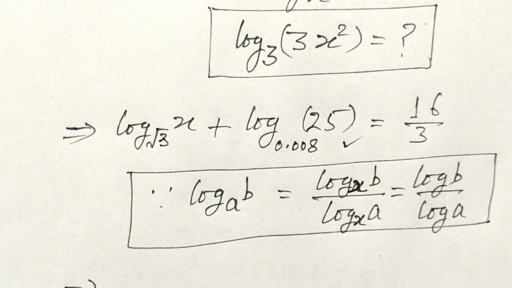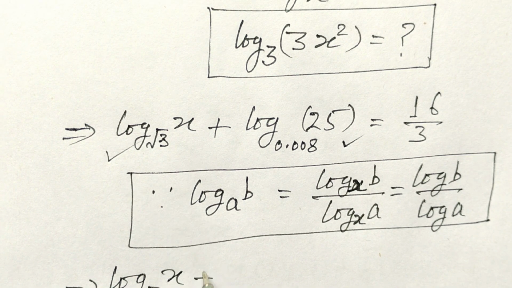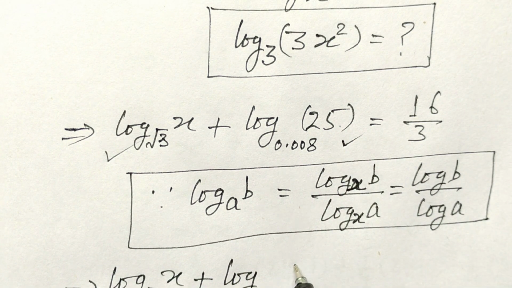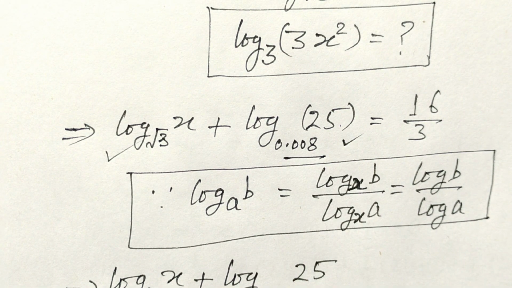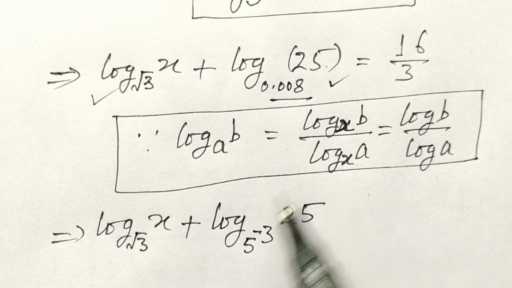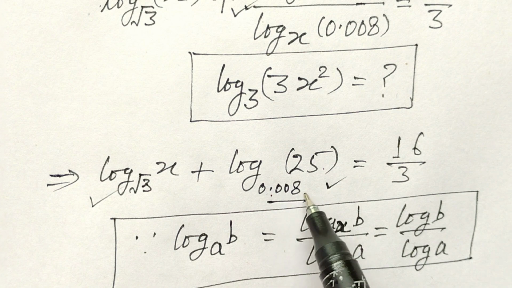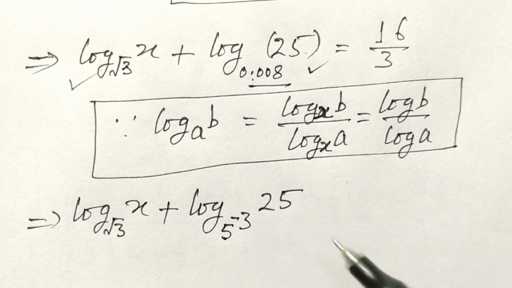Now in the next step, log of x to the base square root of 3 plus log of 25, and 0.008 can be written as 5 to the power minus 3, right?